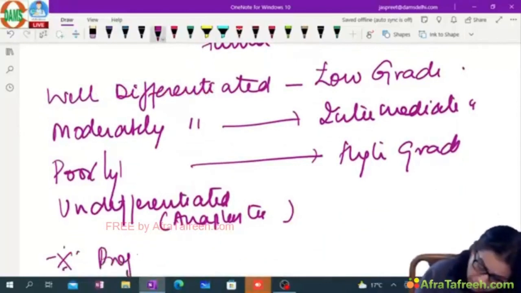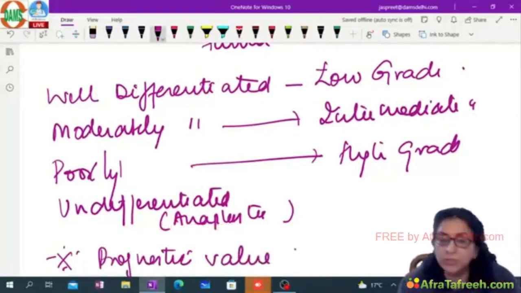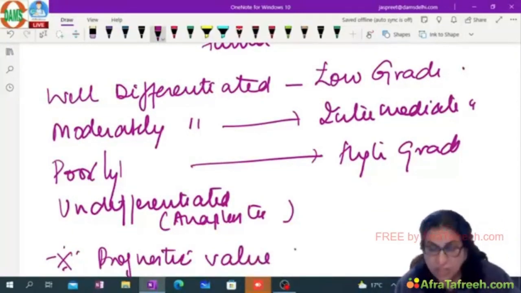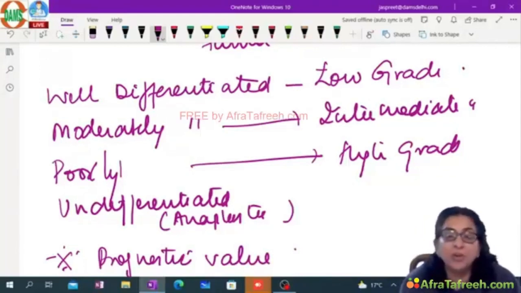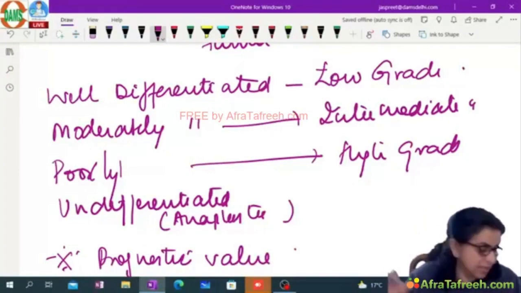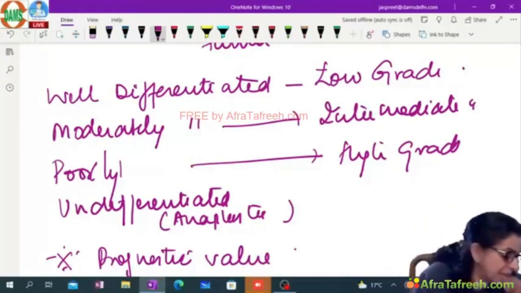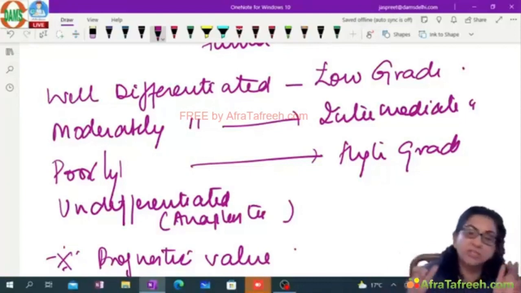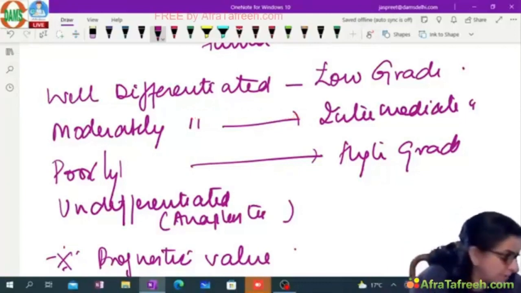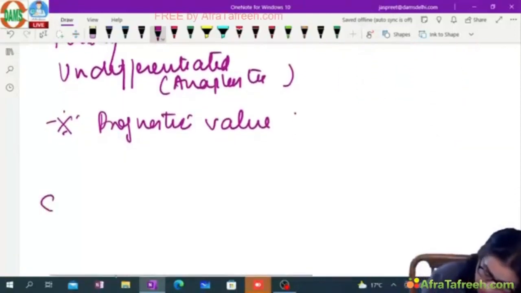It has prognostic value. Okay, so high grade tumors which are anaplastic, poorly differentiated, will have a poorer prognosis as compared to well differentiated or low grade tumors. So high grade tumors have a poor prognosis. So this is grading, which gives you information about the prognosis of tumor. Okay, second is the stage of tumor.